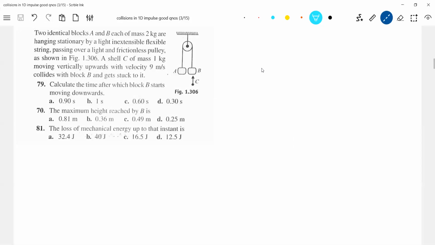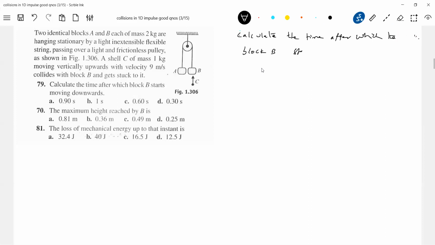I will write what all questions are to be asked. I need some space here. Calculate the time after which the block B starts moving downwards.